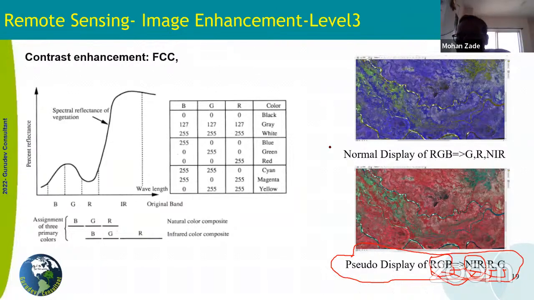However, in the normal display RGB, you simply give red to red, green to green, and blue to blue.